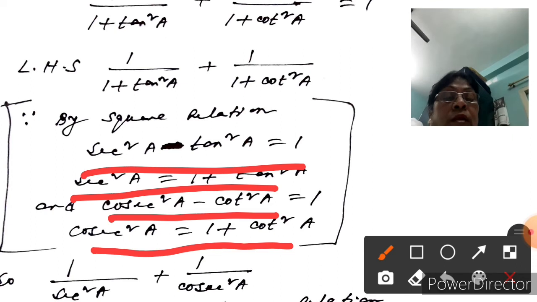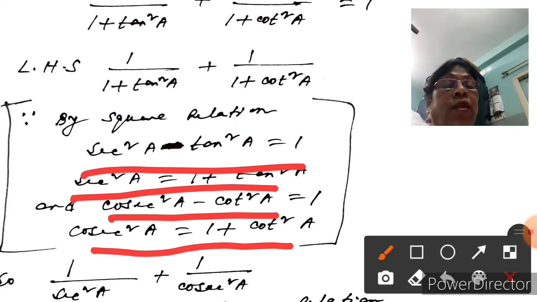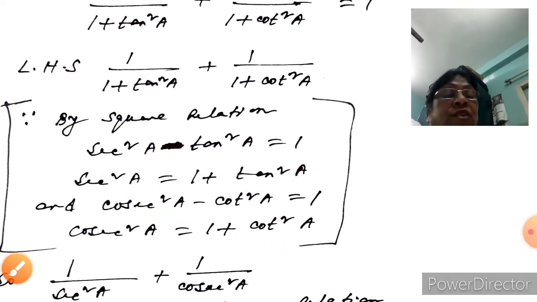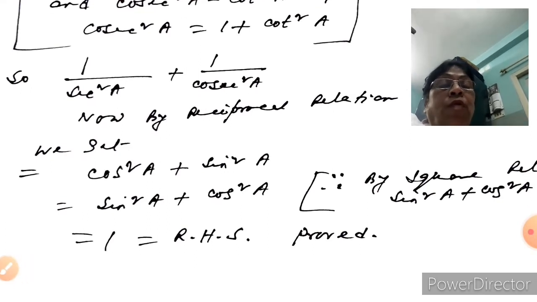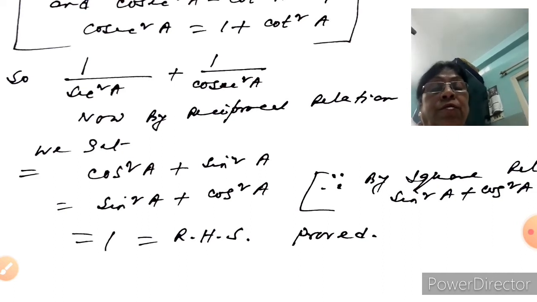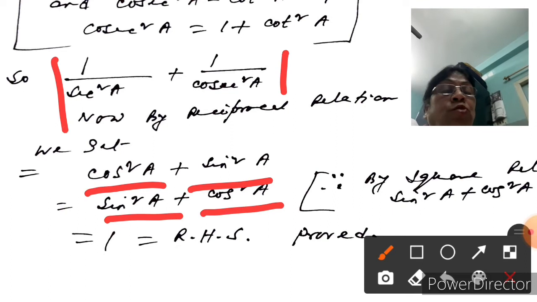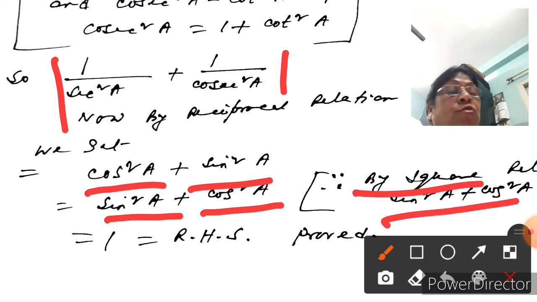Okay. Now, putting this value, instead of 1 by 1 plus tan square a or 1 by 1 plus cot square a, instead of this we may write now 1 by sec square a plus 1 by cosec square a. Now, by reciprocal relation we get cos square a plus sin square a. Sin square a plus cos square a is equal to, by square relation we know sin square a plus cos square a is equal to 1.